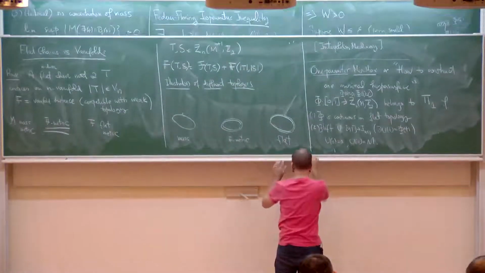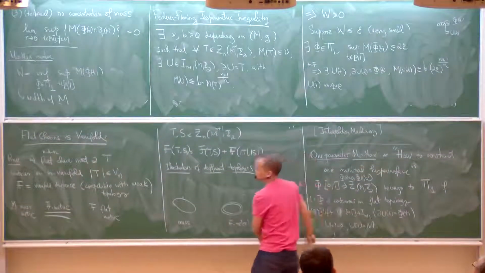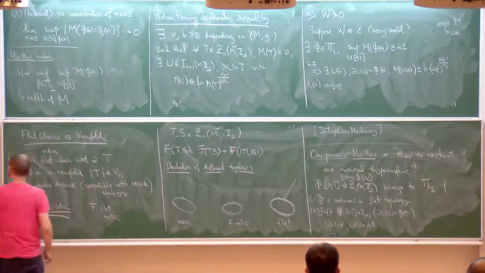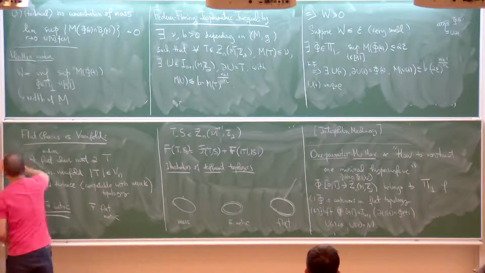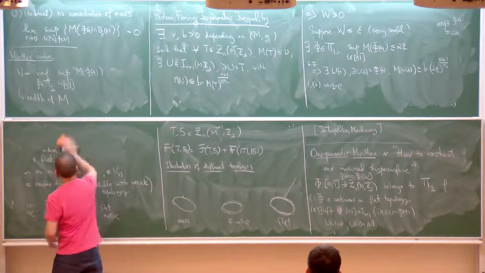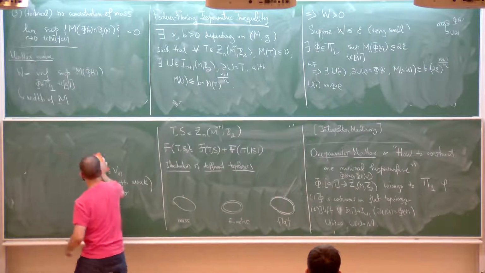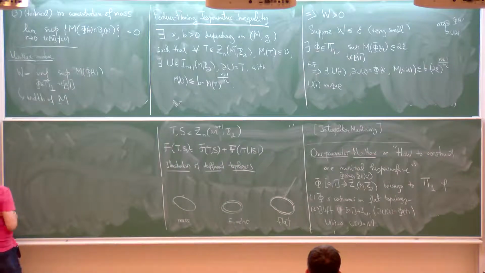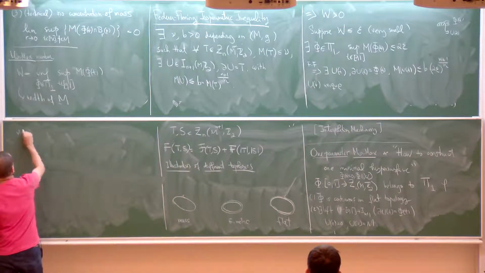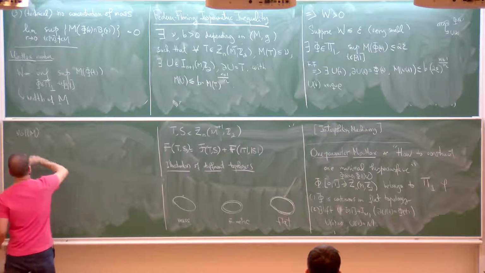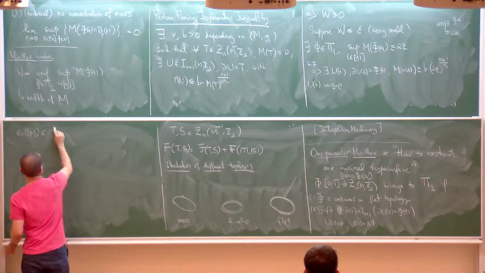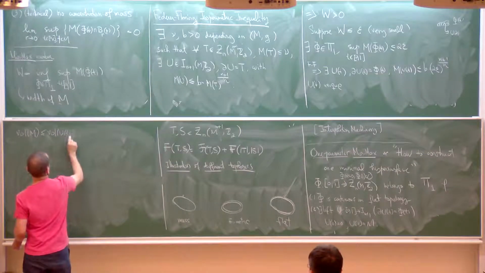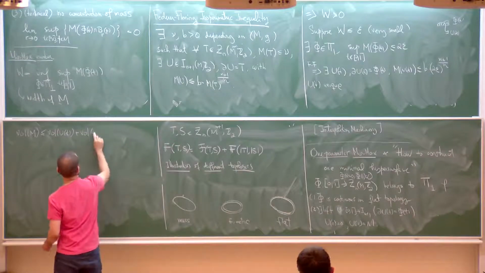Remember that there are only 2 choices, U of t and the complement of U of t. So the volume of the whole manifold is less than or equal to the volume of U of t plus the volume of the complement.